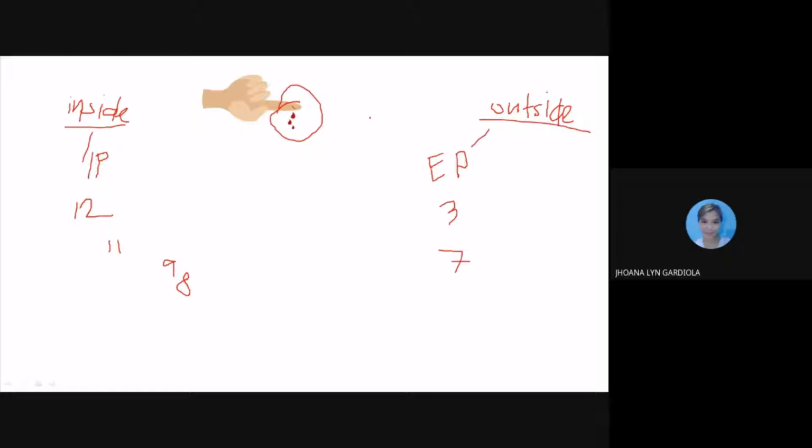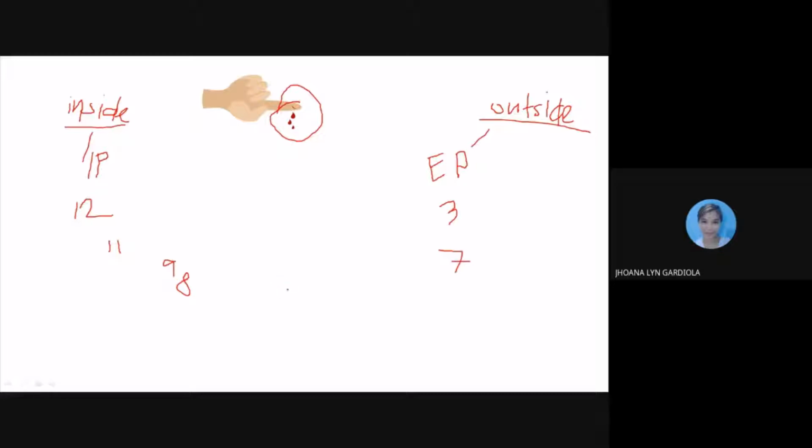And these clotting factors activate each other. So, itong factor 12, pag na-activate, ma-activate yung factor 11, ma-activate naman yung factor 9, and so on and so forth until we hit the middle, which is the common pathway.